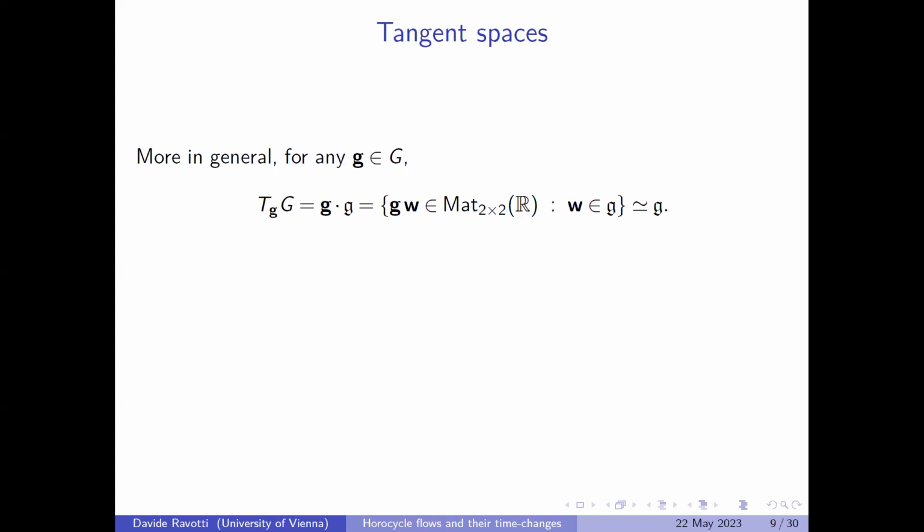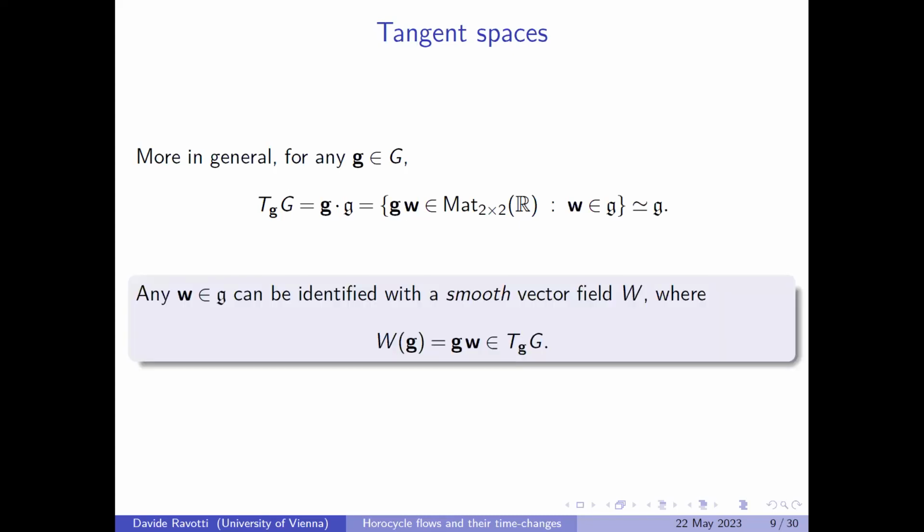The correspondence is: take an element in here, multiply by G, and you get an element in this tangent space, and vice versa. If you multiply by G minus 1, you end up with an element in the tangent space at the identity. So all the tangent spaces are basically the same as the tangent space at the identity.